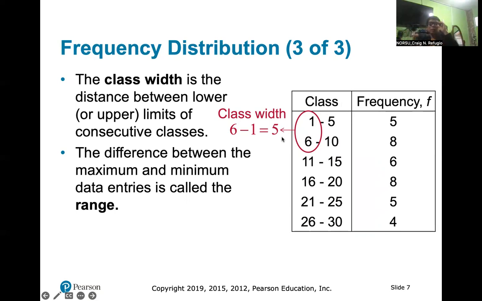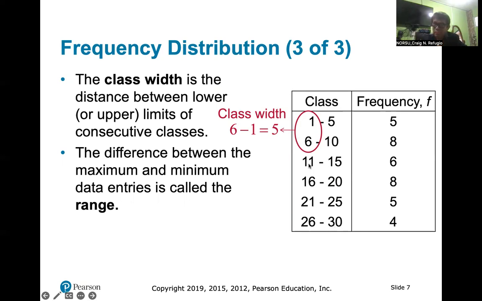Then 30 minus 25 is equal to 5. Or in general, when we talk about class width, that refers to the difference between any 2 consecutive lower class limits, or the difference between any 2 consecutive upper limits. So if you look at any 2 consecutive lower class limits or upper class limits, if we take 25 and 30, the difference is 5.